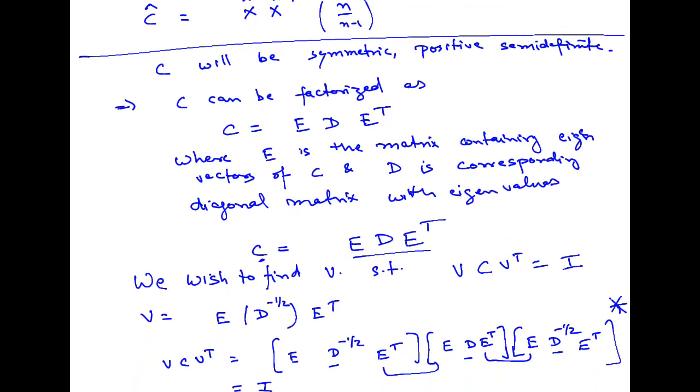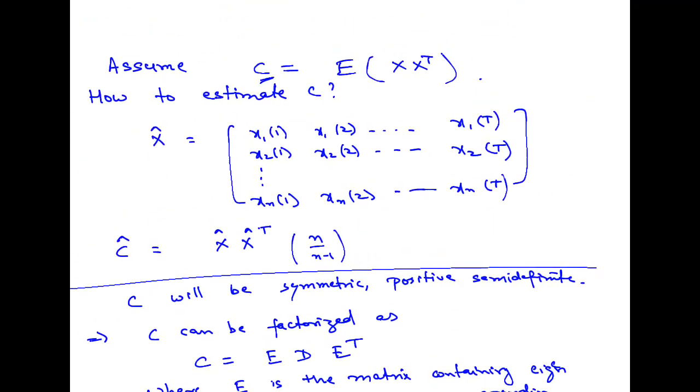We've done SVD, so let's try to relate that. So my C cap is equal to X cap times X cap transpose, right?